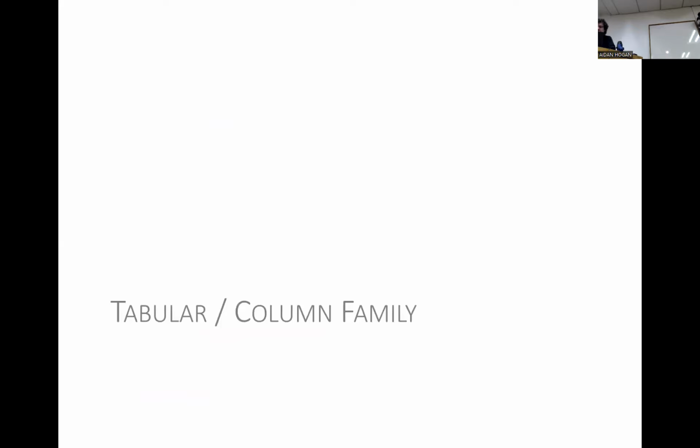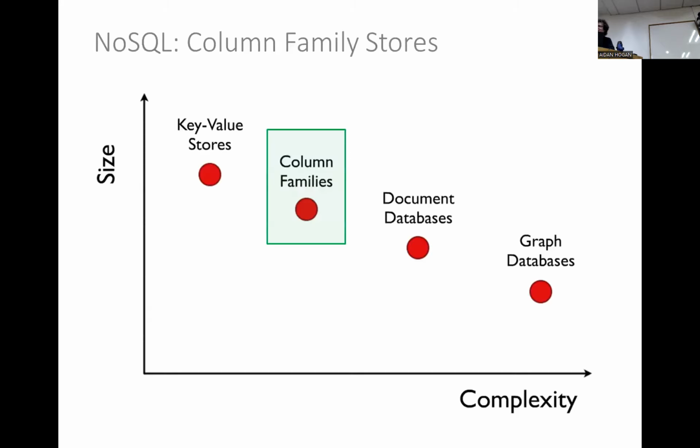So the second category that we're going to cover is the tabular. It has various names: table, tabular, big table, column family, columnar store, generally somewhere in the space. I'm going to explain what a column family is soon, but essentially tabular stores, table stores, these sorts of names. So the idea is we're going to be storing columns. We're going to be storing tables.